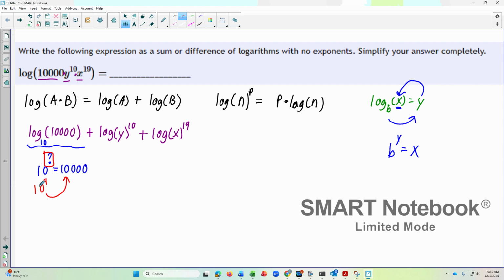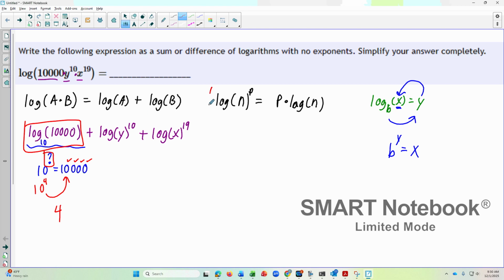Whenever you have 10 raised to whatever the exponent is, that's how many zeros are going to follow. So 1, 2, 3, 4. So that's where that power of 4 comes from. So this whole thing is going to simplify into what the exponent is required to make that expression right there. So 10 to the power of 4 gives you 10,000.